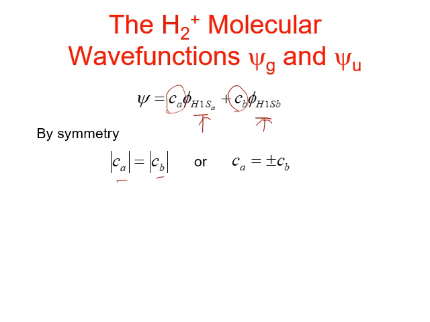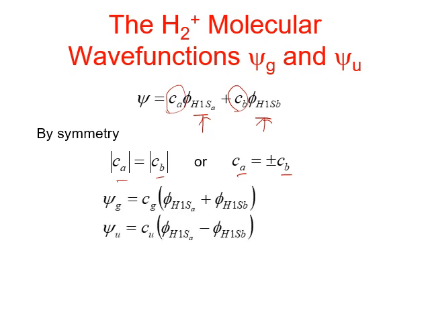So there are two possibilities: the coefficients are either exactly the same or have opposite sign. Therefore, two possible molecular orbitals can be written: one is the two atomic orbitals added together, or the two orbitals subtracted from each other.